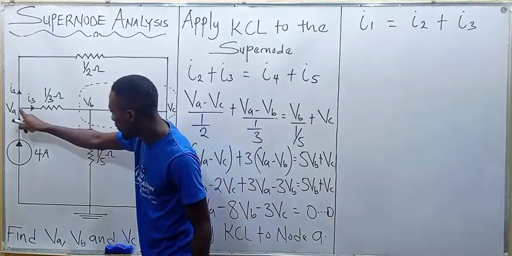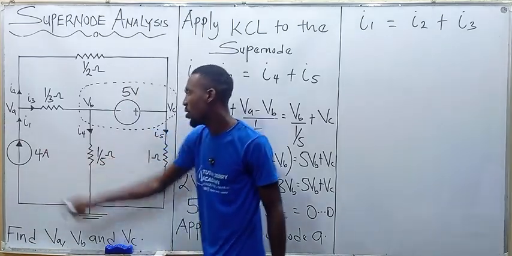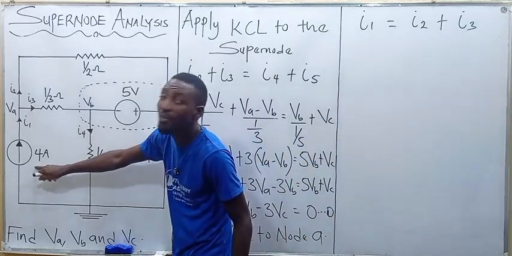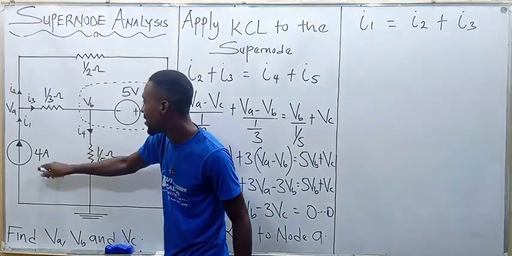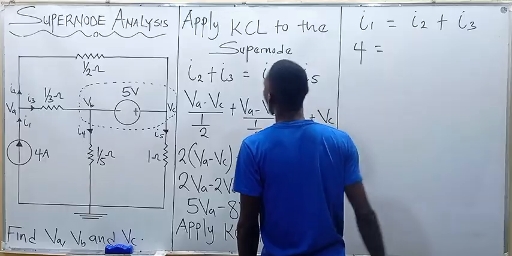I1 is between VA and this part, but there's no need to do that because the current here is already 4 amperes. So I1 is 4, and 4 equals I2.